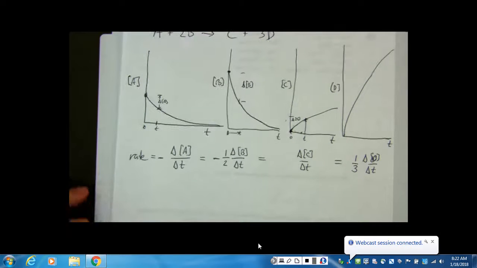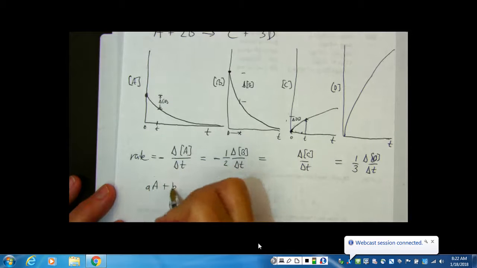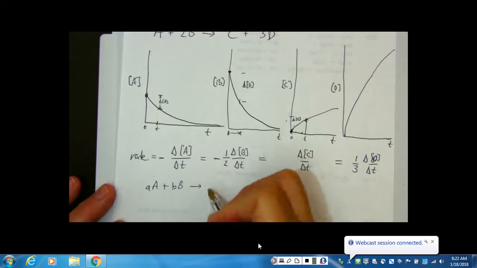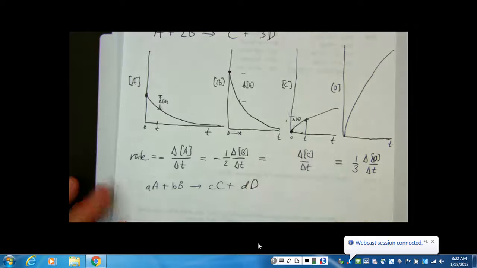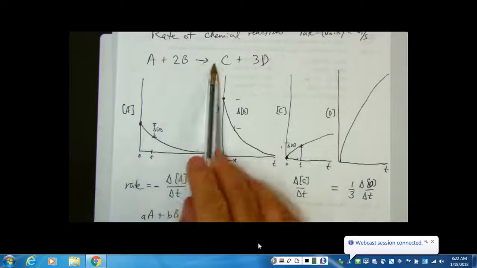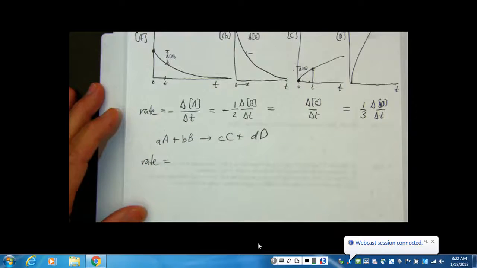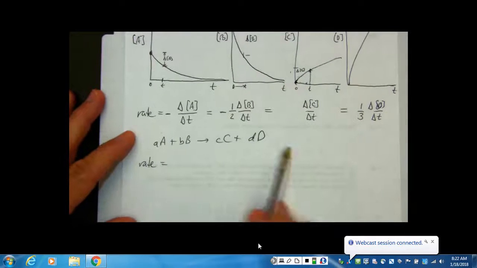Now, let's do this for the generic reaction. A plus B goes to form C plus D. All right, here I put specific numbers 1, 2, 1, 3. If I had this, how would this rate work for this thing right here?